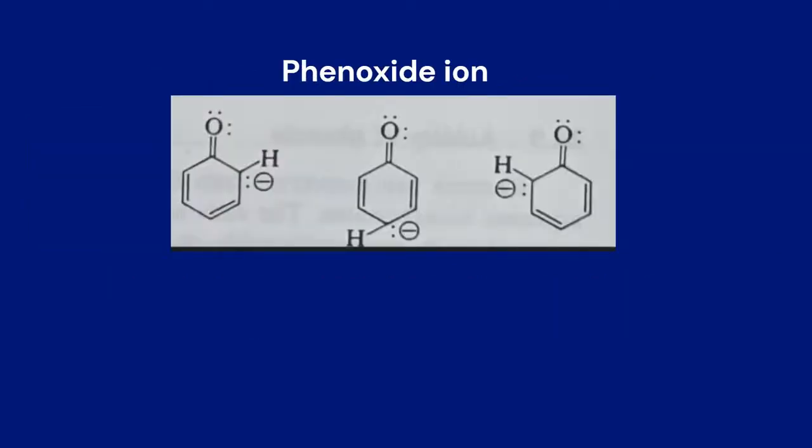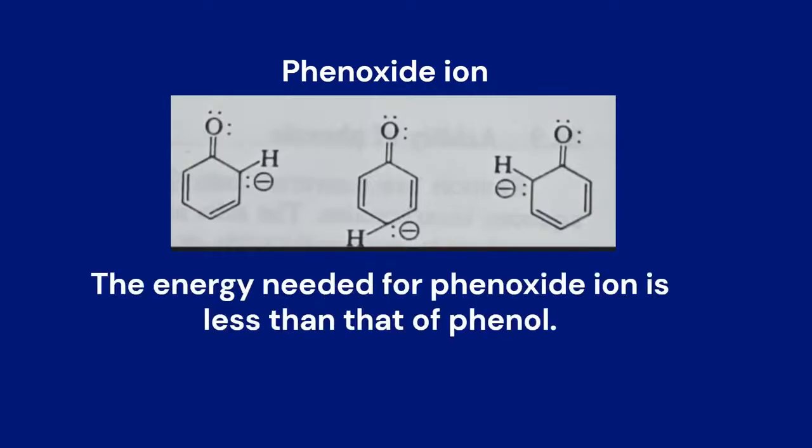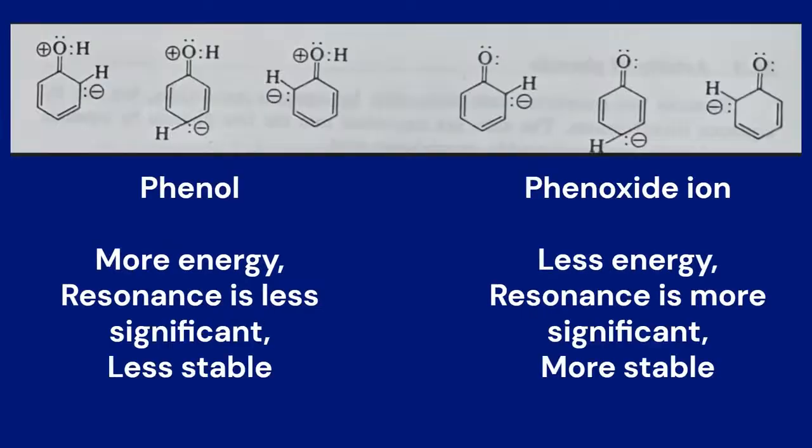In the case of the phenoxide ion, each of these structures has only a negative charge. The negative charge is localized at the two ortho positions and the para position. So the energy needed for this molecule is relatively less when compared with phenol. The lesser the energy needed, the greater is the stabilization.